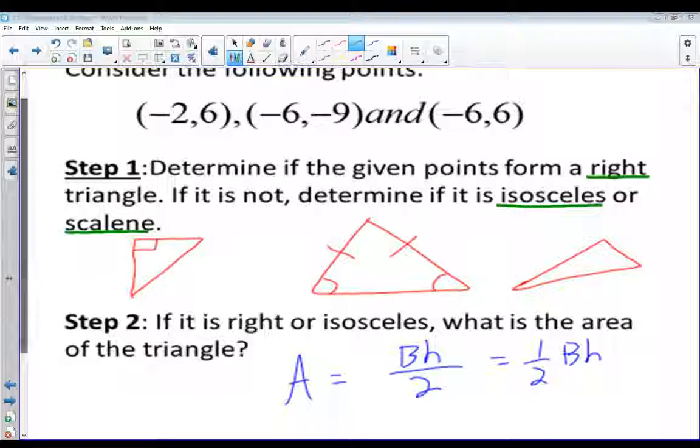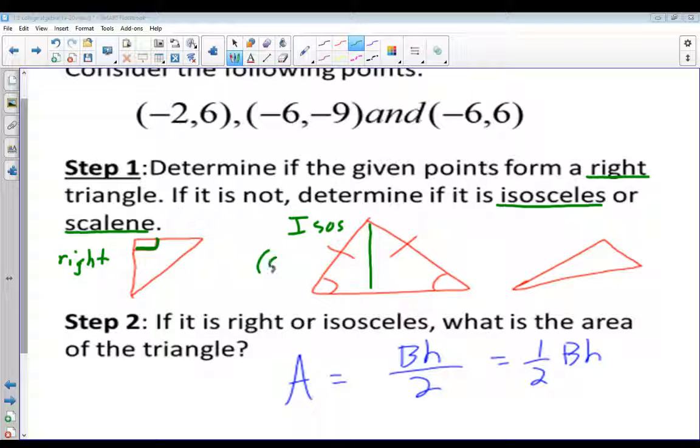Now, if you're a little rusty on your geometry vocabulary, a right triangle is a triangle that has a 90-degree angle, like you see here. An isosceles, or I'm just going to put isos, is a triangle that is symmetrical, where it has congruent angles and congruent sides.